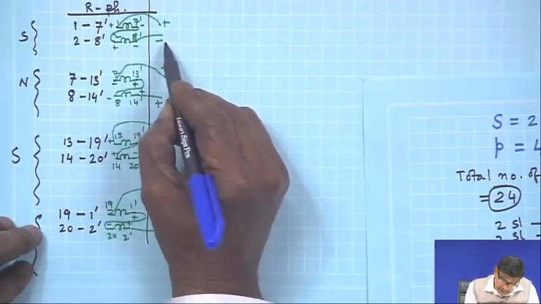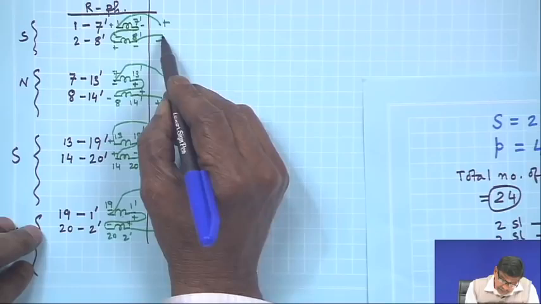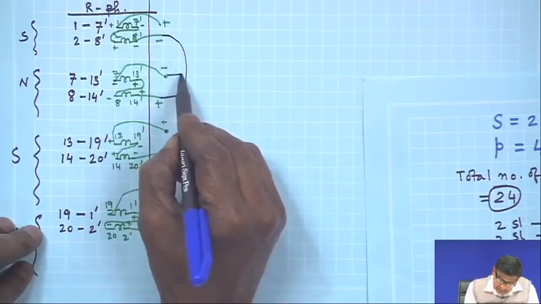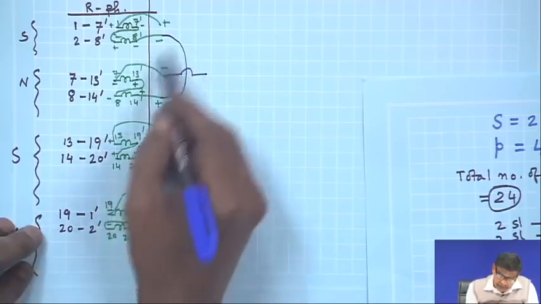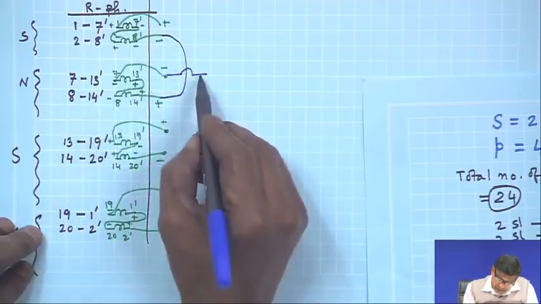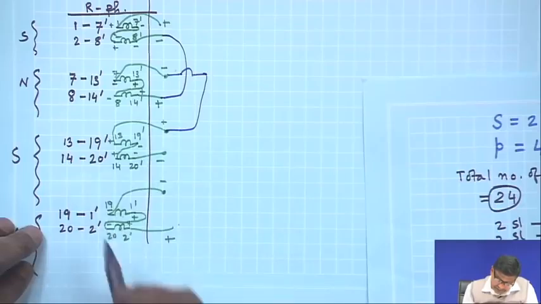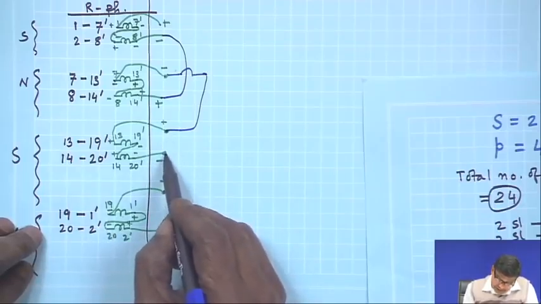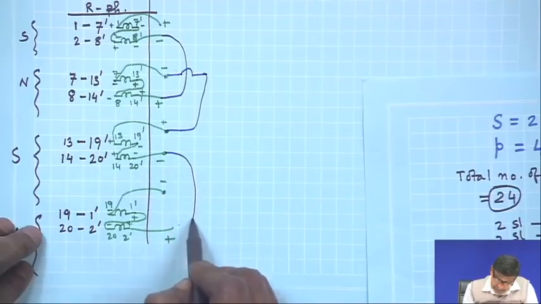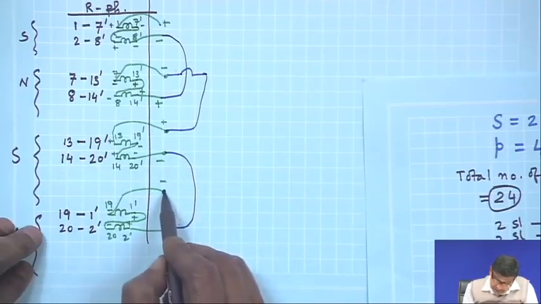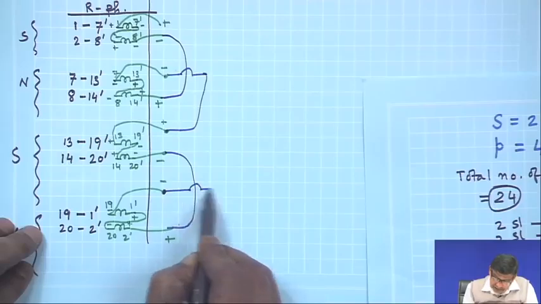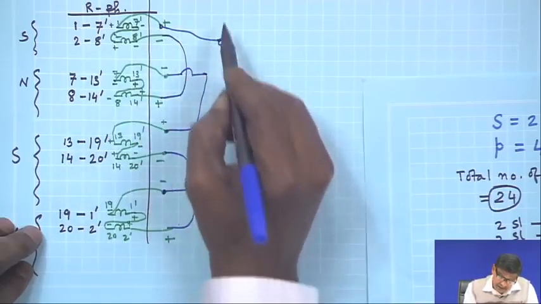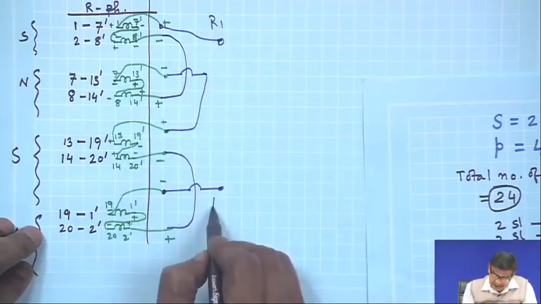So, plus minus, then once again I will do plus minus, so that voltages are additive, and once again I will do plus minus and plus minus, and once again I will do plus minus, and these are the 2 terminals of the R phase, R1 and R2 say.